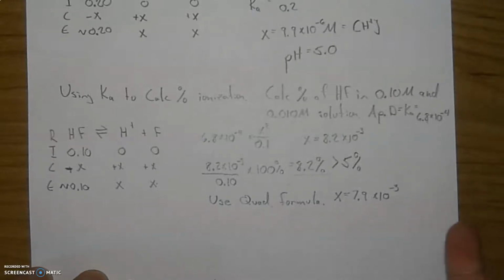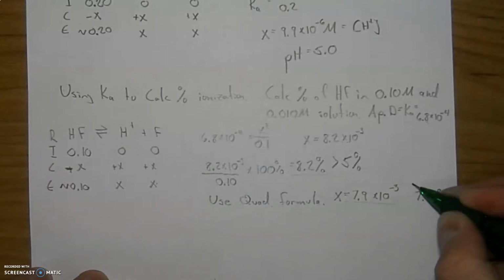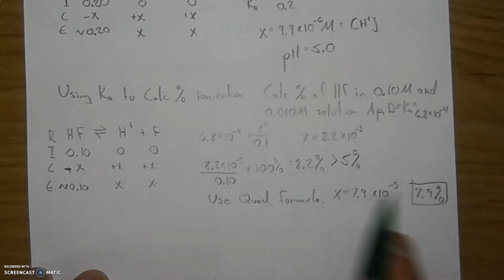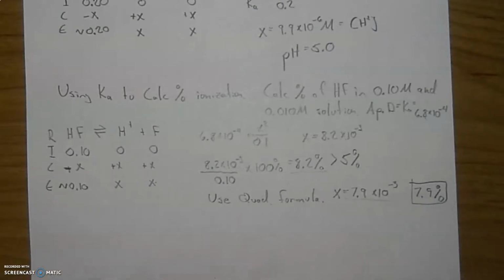It makes a negative value. It just doesn't make sense. This is the one that makes sense. So 7.9, if I do the exact same problem I did over here, you would end up with a real value of 7.9%. So notice they're really close. This one just is a lot more precise, and it's the one I probably should use.